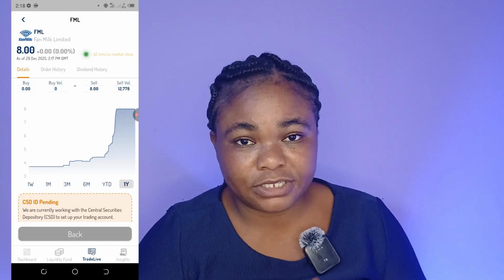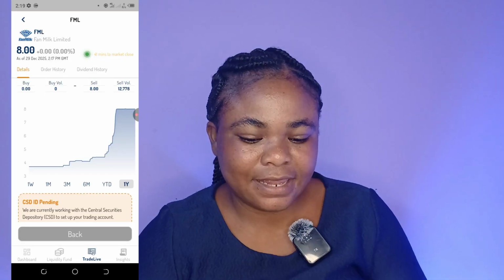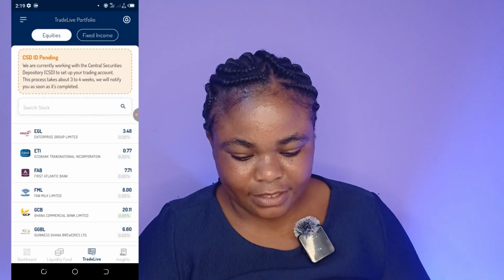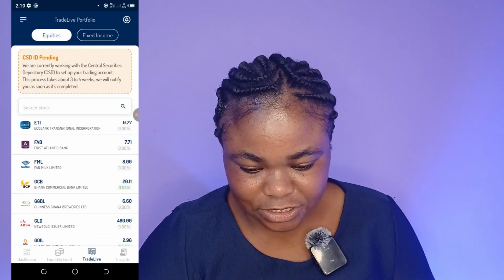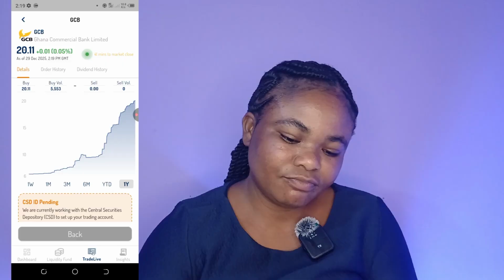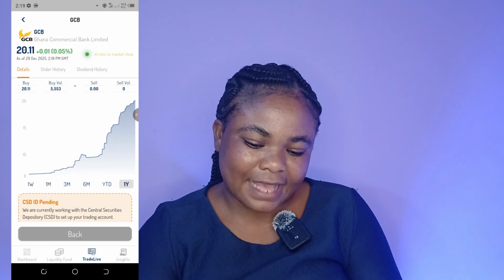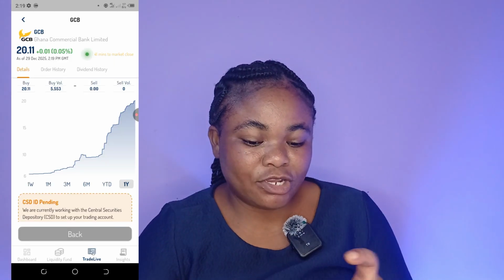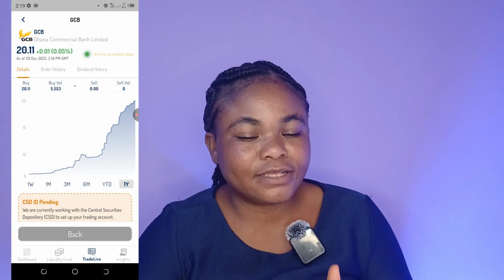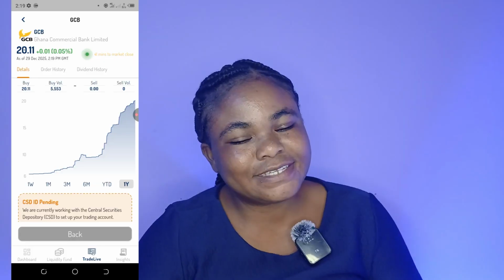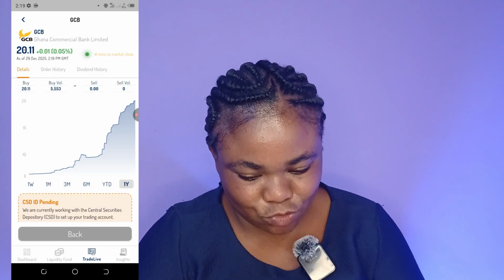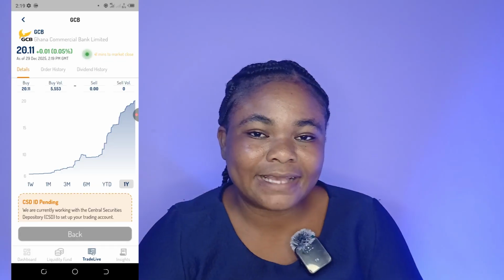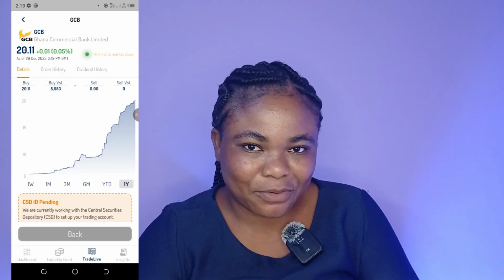That's why the price shows 0.00. Let me take you to GCB Bank. With GCB also, when you look at the buy price, it shows 20 cedis 11 pesos, but the sell price is 0.00.